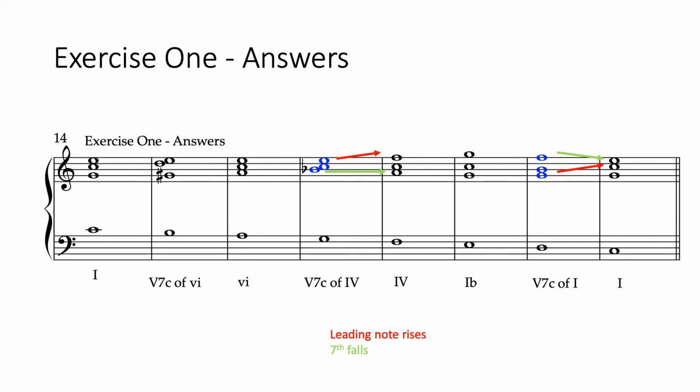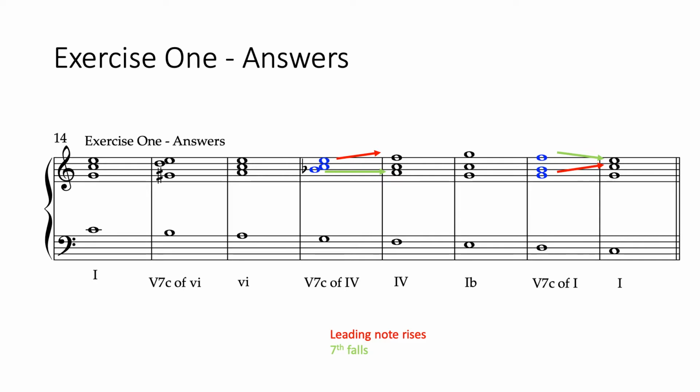Notice also that again in each of those dominant seventh chords, the leading note rises and the seventh falls. Particularly in the ones that you've done yourself, you need to make sure that that's what happens. That's a way of ensuring that the tension resolves smoothly out of that dominant seventh.